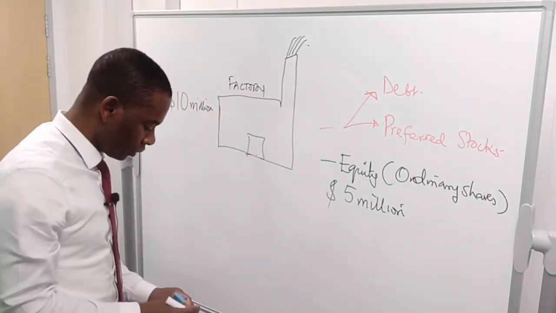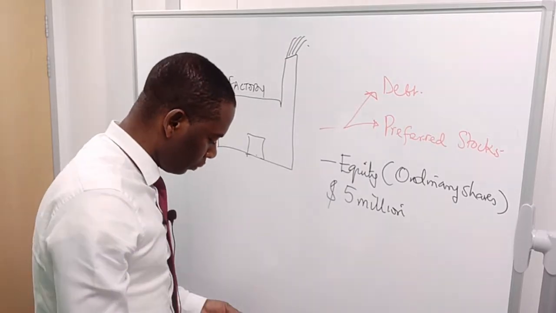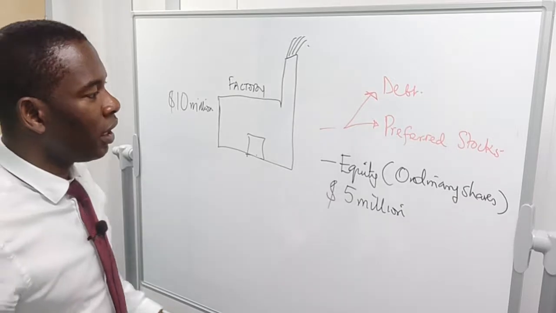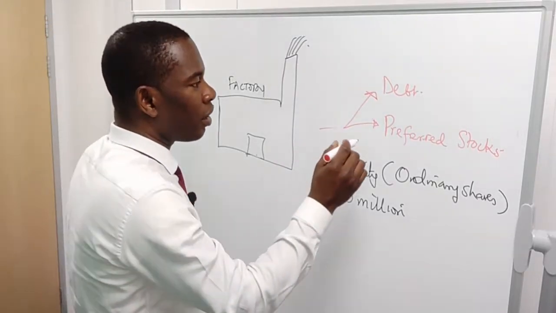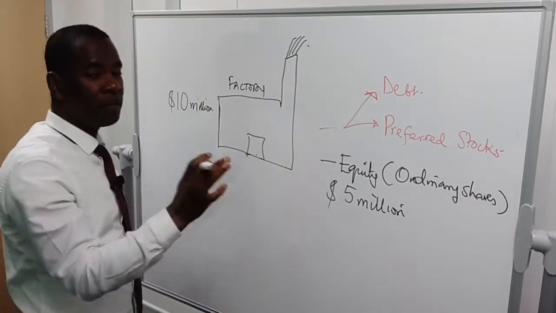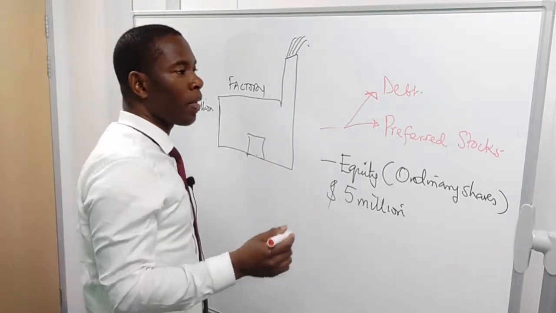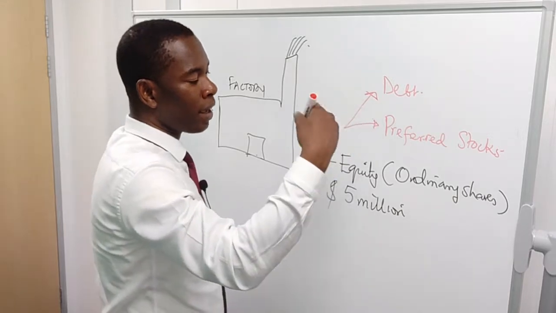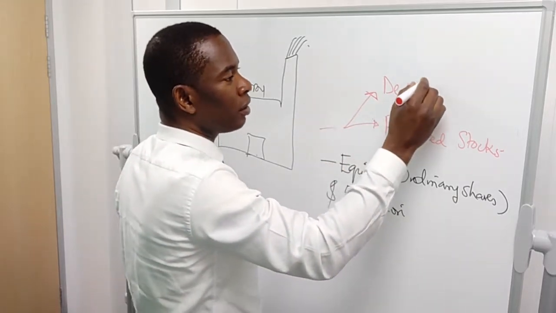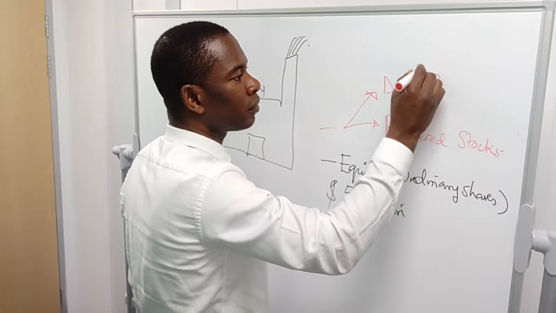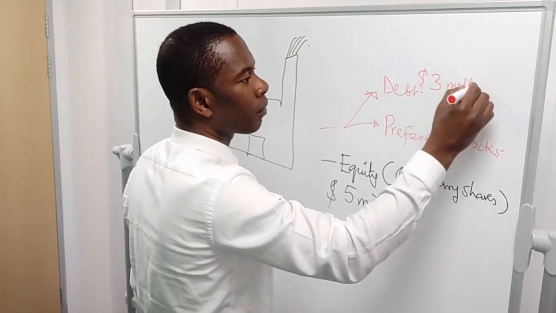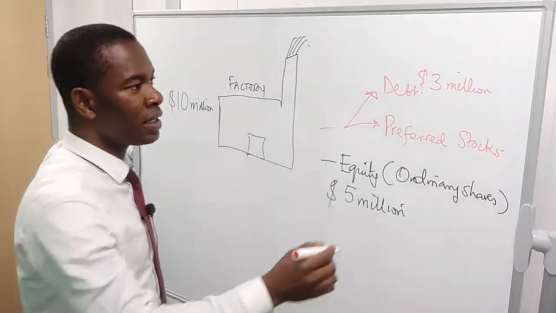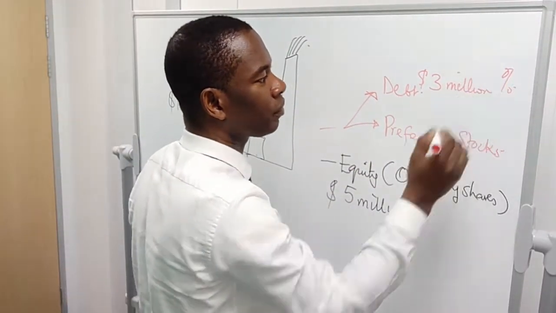Okay, so now, of this remaining $5 million, let's say they are able to get $3 million of debt funding at a certain percentage.